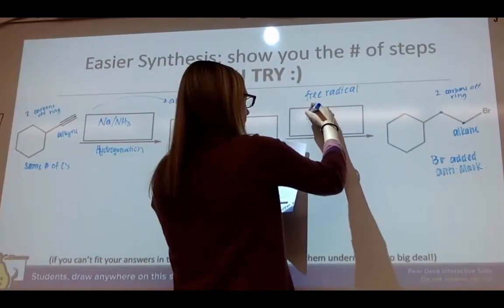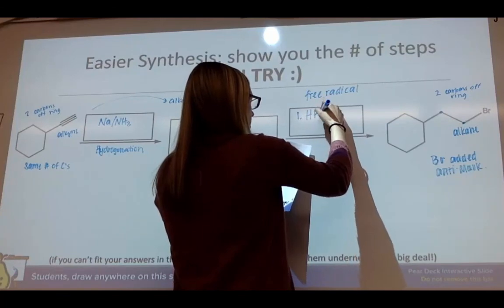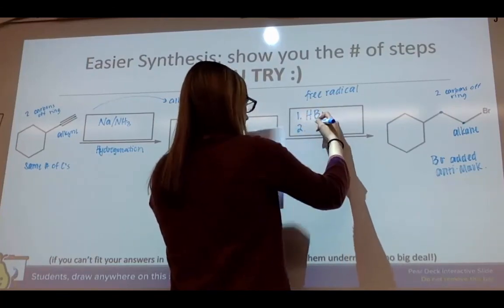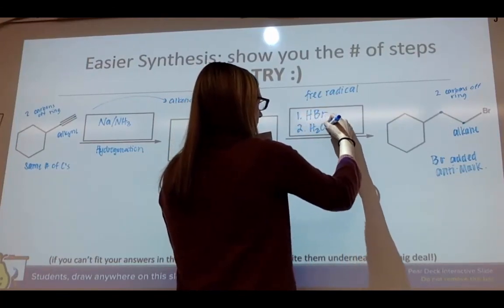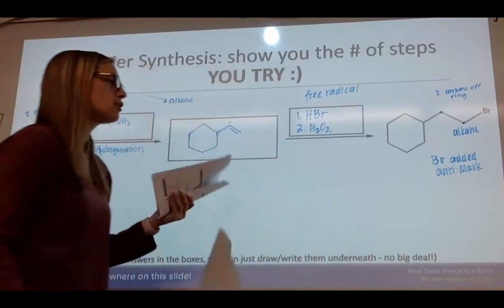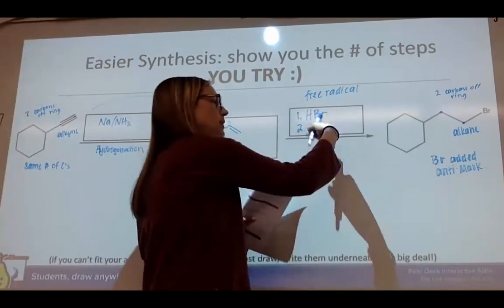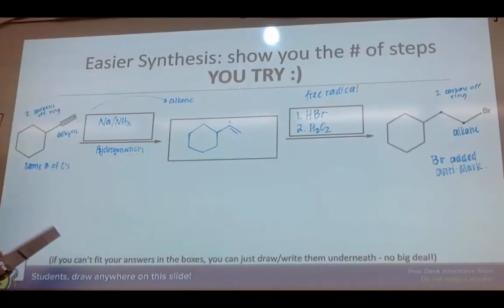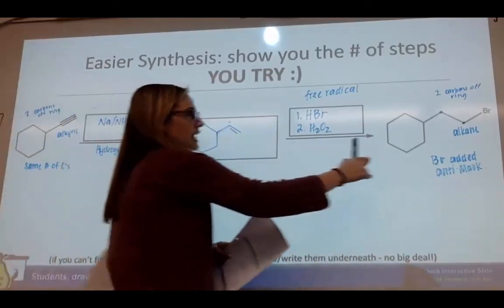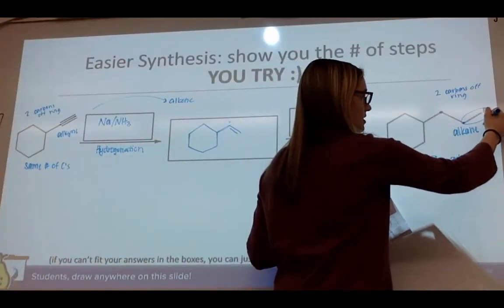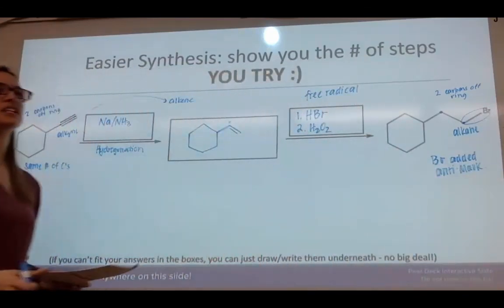For free radical bromination, you have HBr, and then you have peroxide. You could also add light with the peroxide. Can we just write peroxide? Yeah, if you want to just write peroxide, that's fine. So you have HBr, peroxide, and what that does is that adds a bromine anti-Markovnikov, which is this, and it gets rid of that double bond.